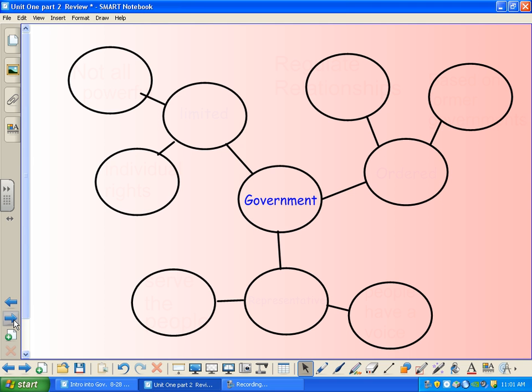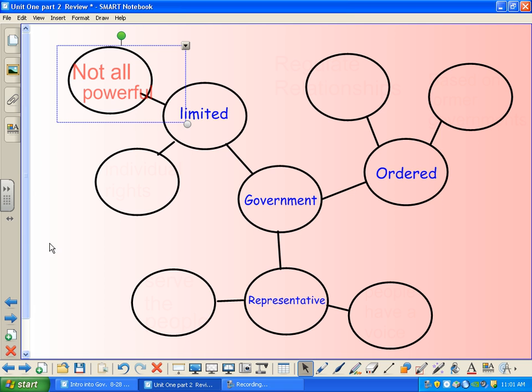All right, so let's look at how this all plays out. First of all, we have government here in the middle of the web. We've identified three things: limited, representative, and ordered. But let's break this down just a little bit more for our purposes. When we're looking at limited, you need to know that that means it's not all powerful. It is not a government that makes all the decisions in every way.